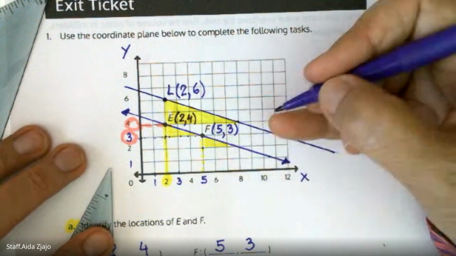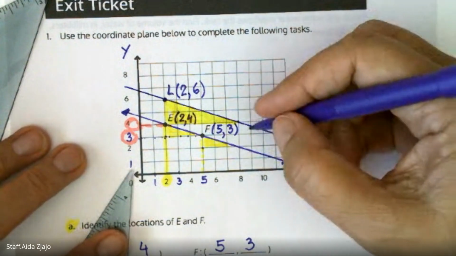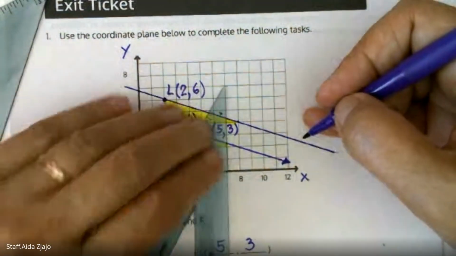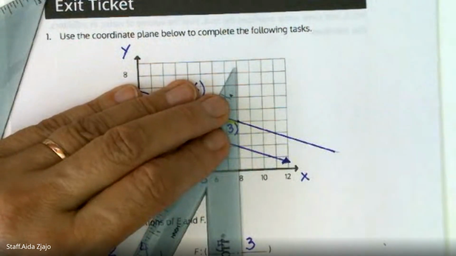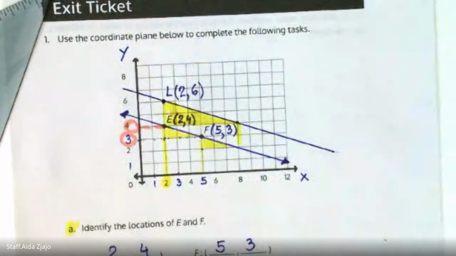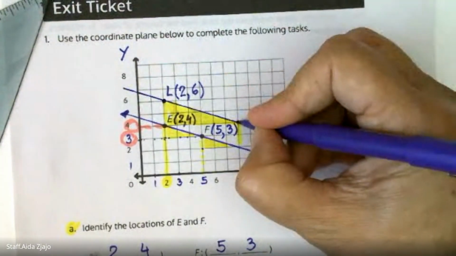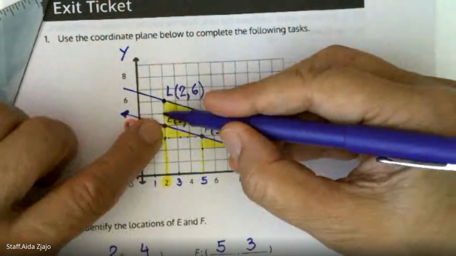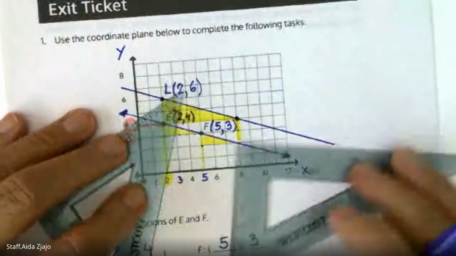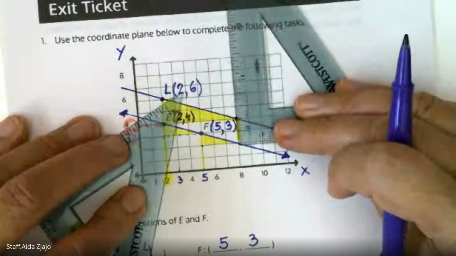That could be one point. Or if I want a totally different triangle that is congruent to this one, I can use this one here. So I know this point is on a line. I know the height is 2 units. So all I need is that right triangle right here.